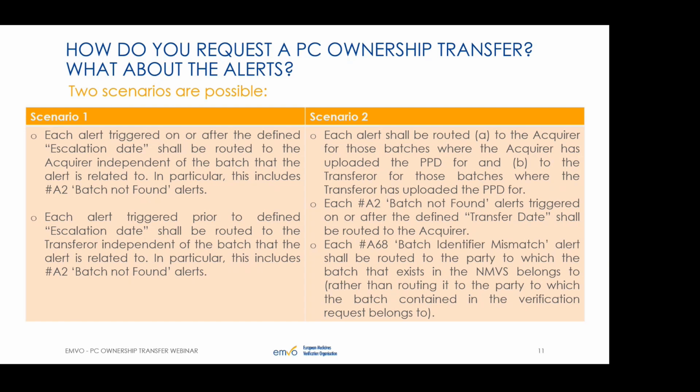In scenario 2, each alert should be routed to A, the acquirer for those batches that the acquirer has uploaded the PPD for, and B, the transferor for those batches where the transferor has uploaded the PPD for. Regarding scenario number 2, the A2 alerts triggered on or after the transfer date should be routed to the acquirer, and the A68 alerts triggered should be routed to the batch they belong to.